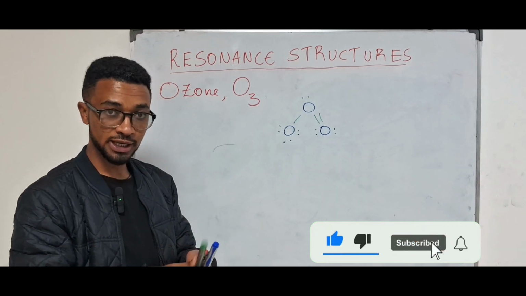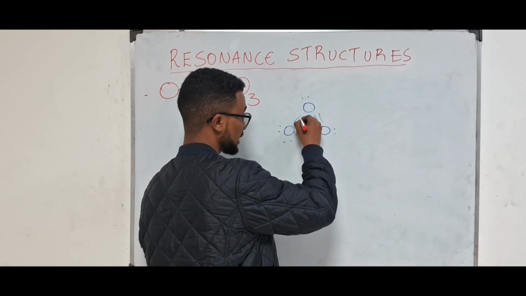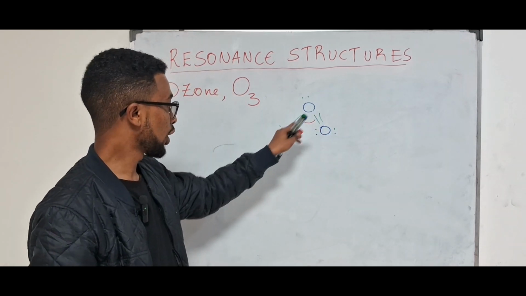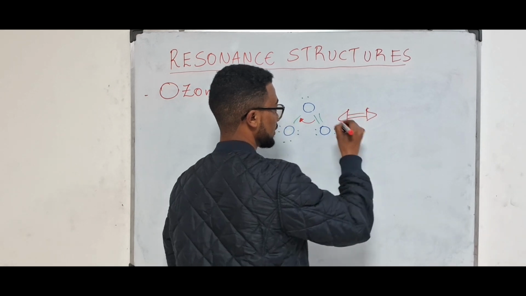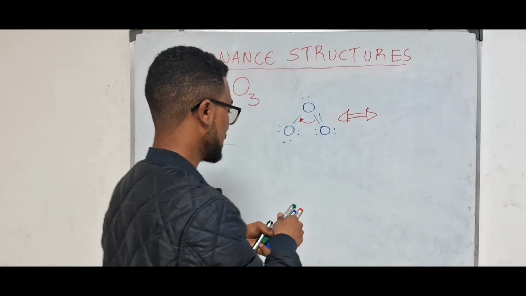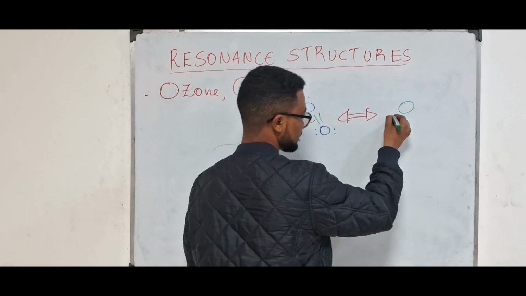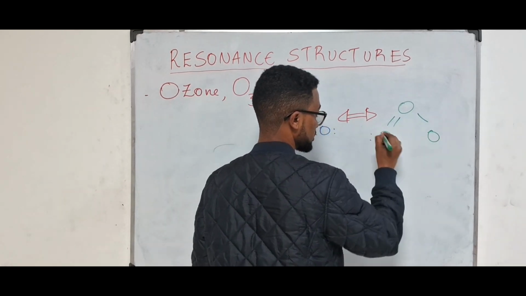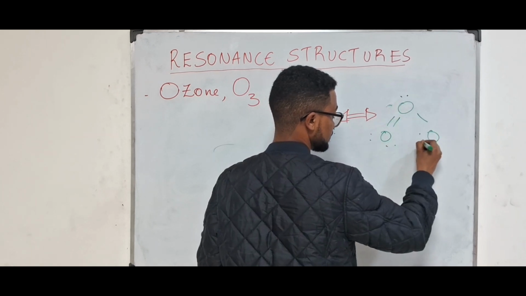But this is not always the case, because this multiple bond, this high electron density, can move to this bond or to the other oxygen-oxygen bond, forming another resonance structure looking like this. The double bond now will be here, and this will be the single bond.